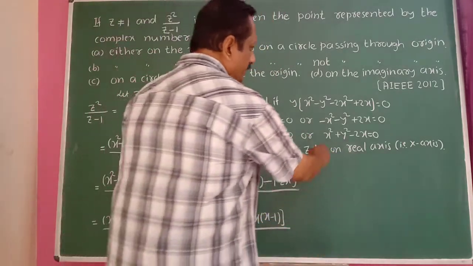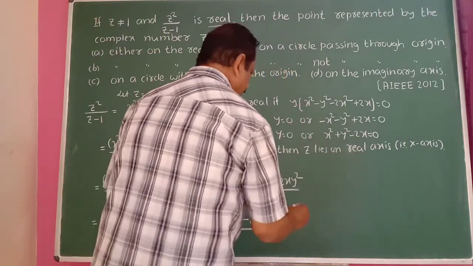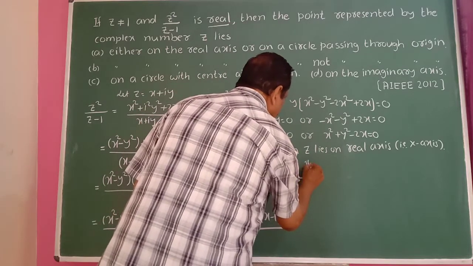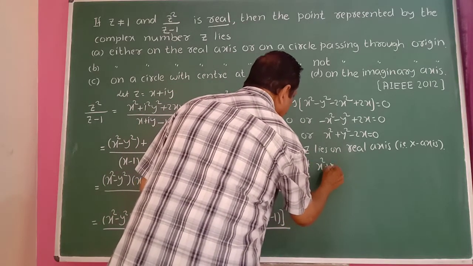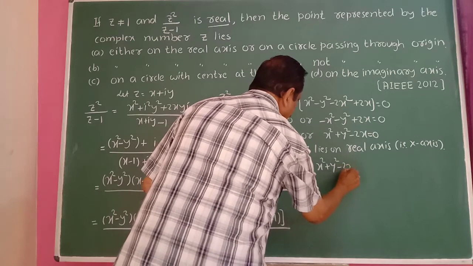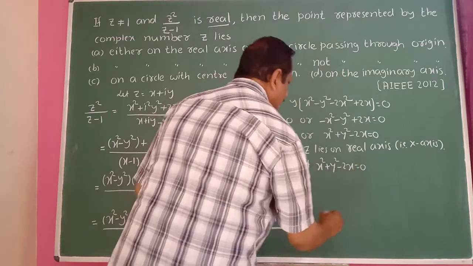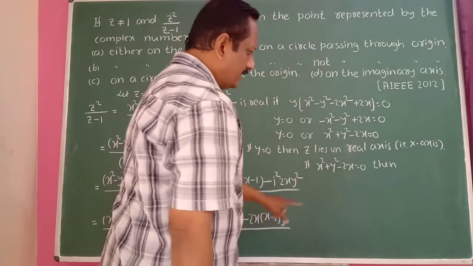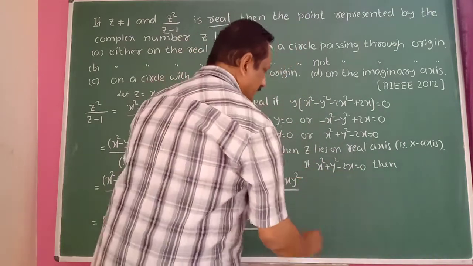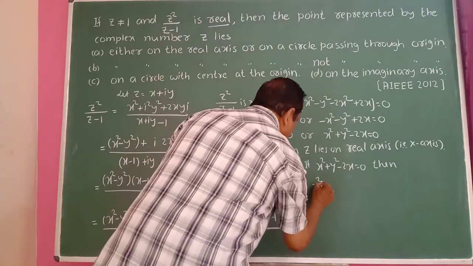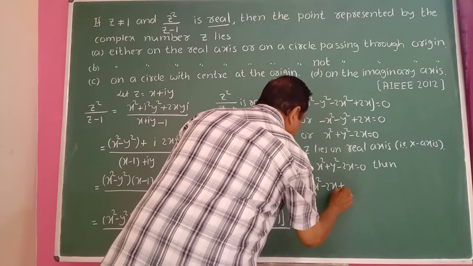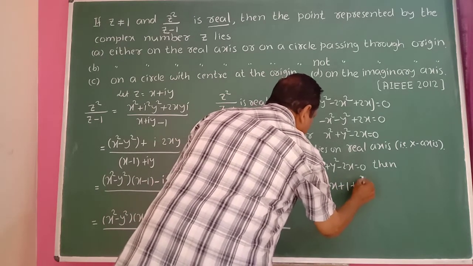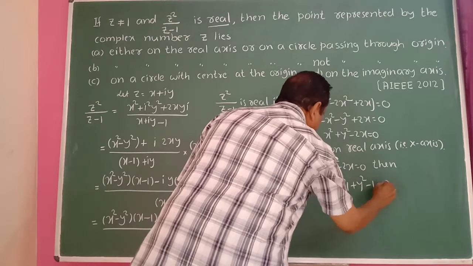If x square plus y square minus 2x equal to 0, then simplify by adding 1 and subtracting 1. So x square minus 2x plus 1 plus y square minus 1 equal to 0.